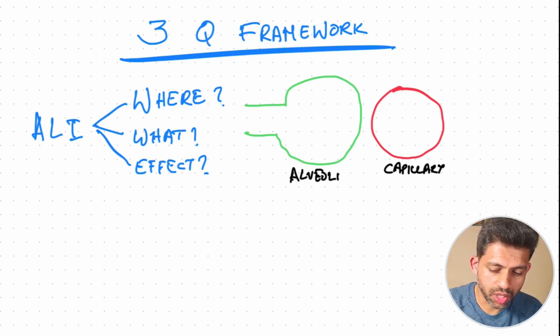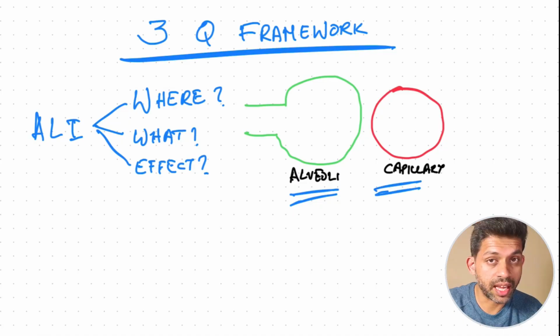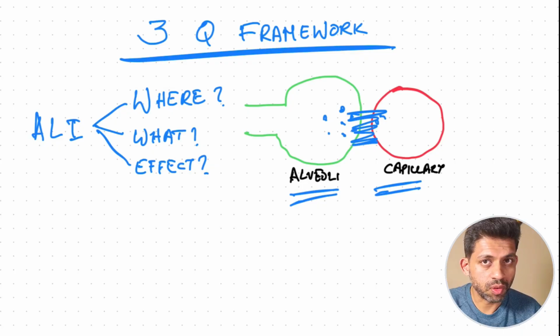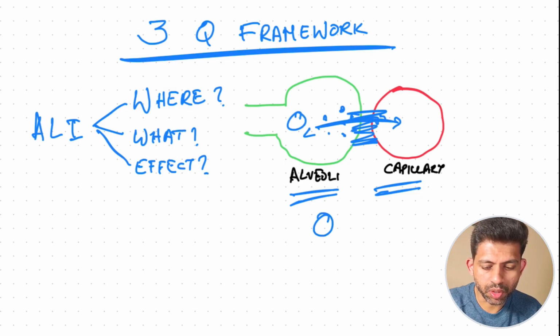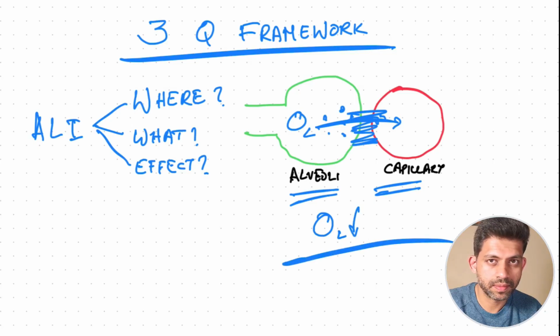In acute lung injury, it is occurring at the level of alveoli and the capillaries. What is happening? Inflammation and destruction of the alveolar wall and capillaries. What is the effect? Since oxygen cannot get into the blood, severe hypoxemia occurs.